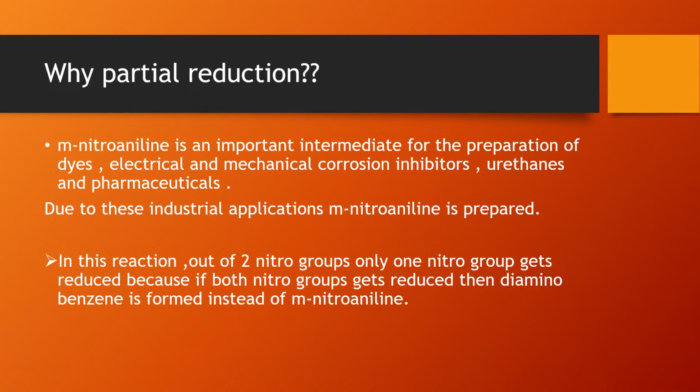In this reaction, out of two nitro groups, only one nitro group gets reduced, because if both nitro groups get reduced, then diaminobenzene is formed instead of meta-nitroaniline. But we don't require diaminobenzene, hence partial reduction is carried out. That is, only one of the nitro groups gets reduced and the other will remain as it is.